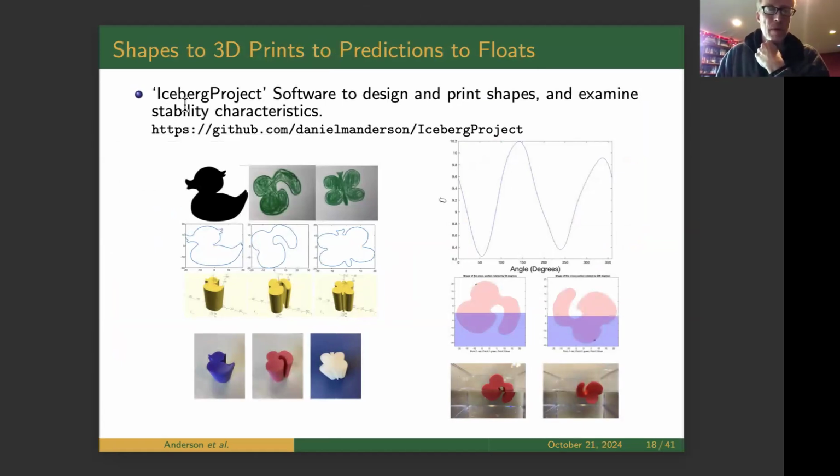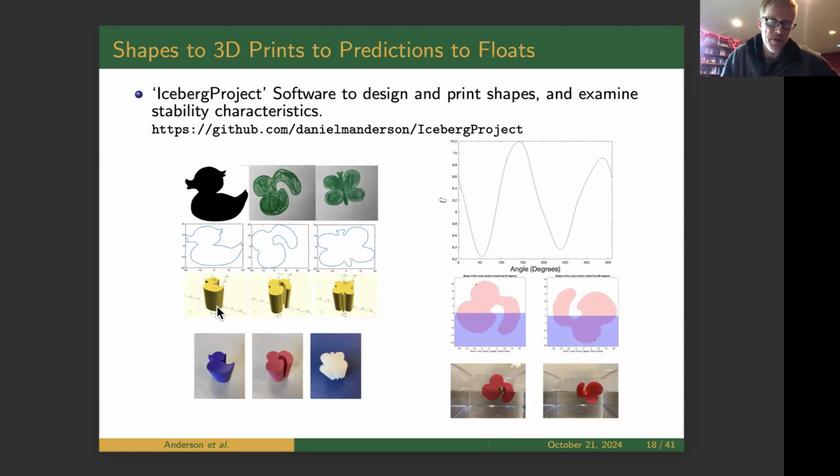We've put together this thing called the Iceberg project. It's in a GitHub link, and all of this stuff is available there. It's maybe medium user-friendly, I hope. The idea is you pick your shape, maybe you have an image or you just draw something, and there's a little routine that Evelyn and one of her grad students wrote that picks out the boundary that gets fed into the 3D print software.